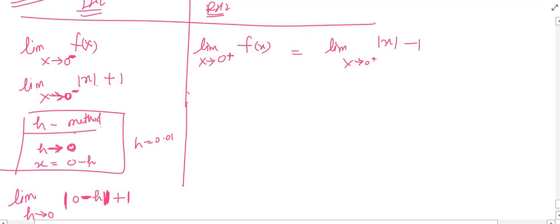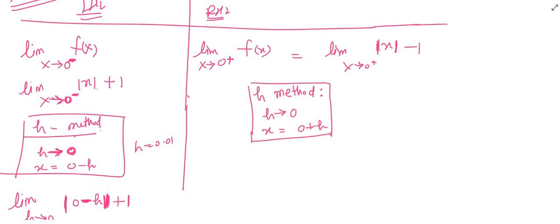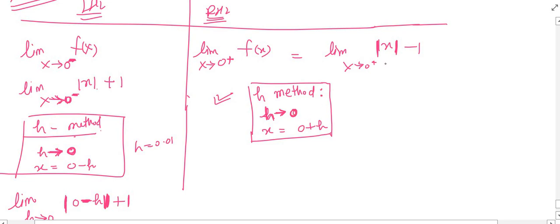Now we will do the right hand limit, the RHL side. Here also we will apply the H method, because whenever there is a mod question, it's better to apply the H method. So in the H method, the limit will change to h tending to 0 and x will be replaced by 0 plus h.